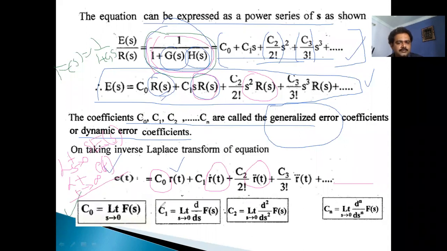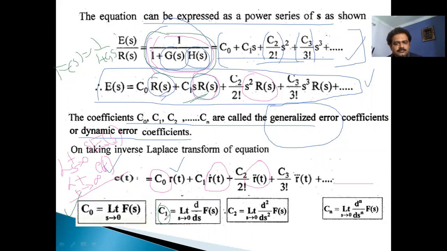So for finding C1, the second generalized quotient, that means limit s tends to 0, d by ds of F of s. Okay, so d by ds of F of s, you will get the first generalized error quotient.